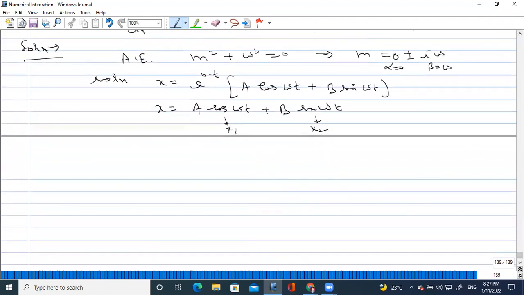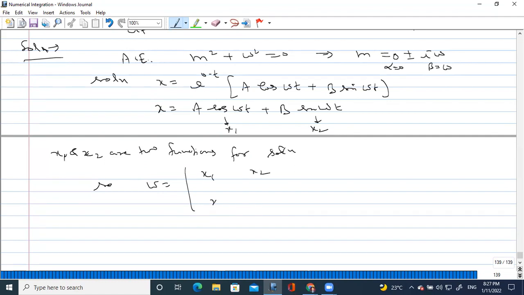So x1 and x2 are two functions for the solution. So the Wronskian will be simply x1, x2, x1 dot, x2 dot.